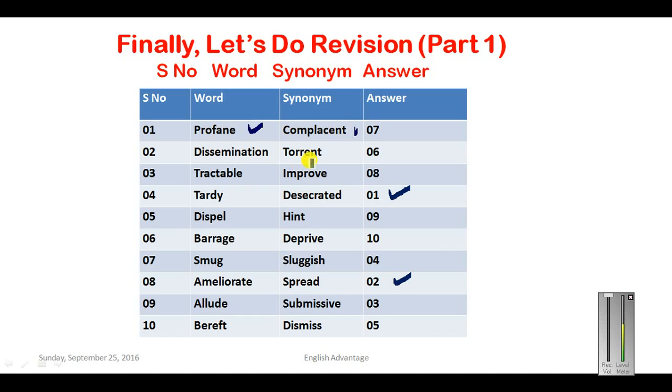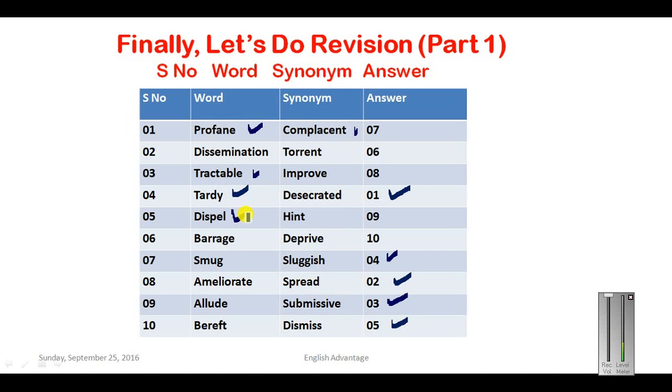Tractable means submissive, a very compliant person. Tardy means very sluggish, very slow, particularly in giving a response: a tardy reply, a tardy response. Dispel means to dismiss something as untrue, to reject something.